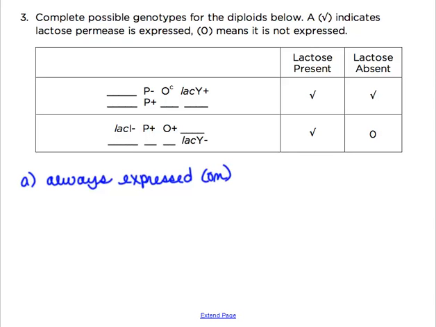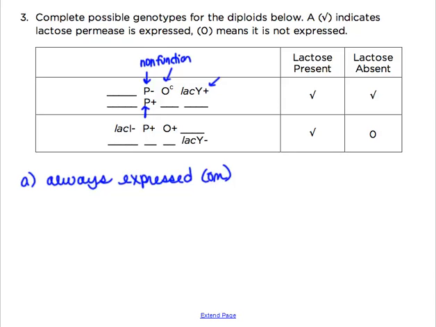And let's just take stock of what we have. We have a wild-type copy of lactose permease gene, right? We have a constitutive operator, which means this is an operator mutant that cannot bind the repressor, so it will always be free, it will never be blocked. Then you have a non-functional promoter here, and then you have a functional promoter here.